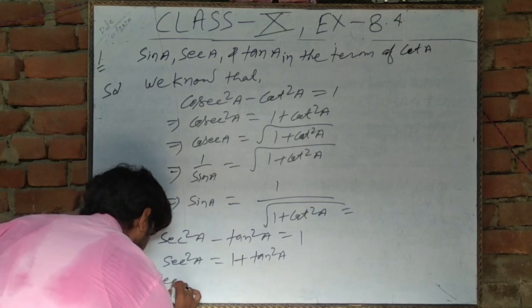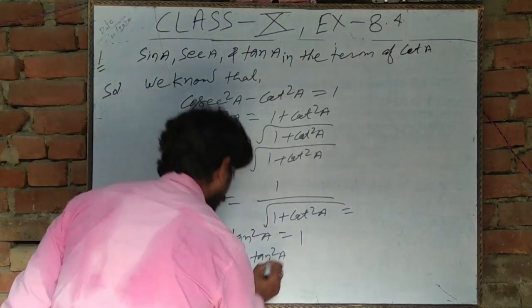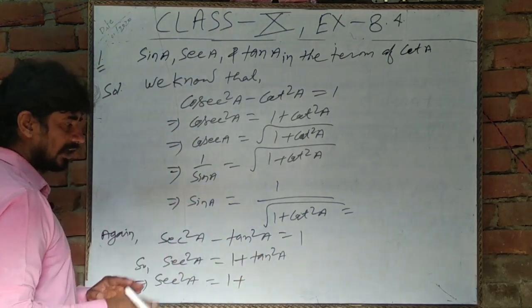That means sec square A equals, now we will change the tan in terms of cot.